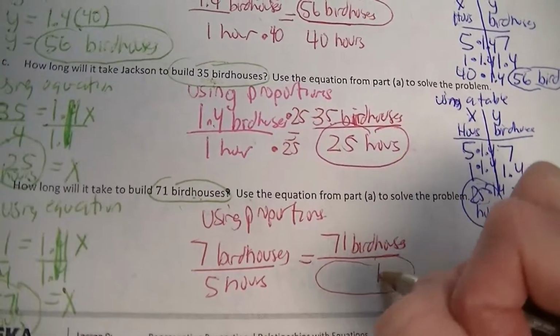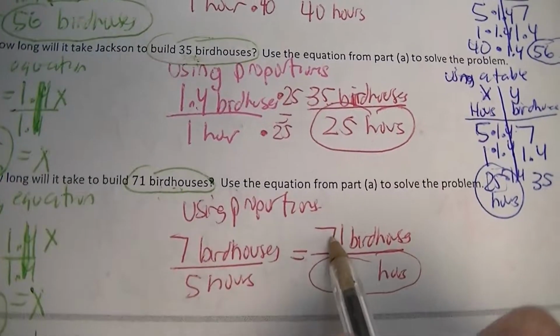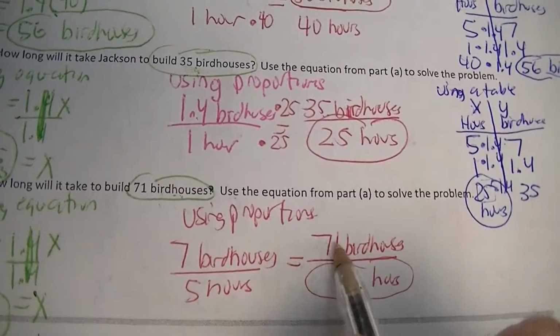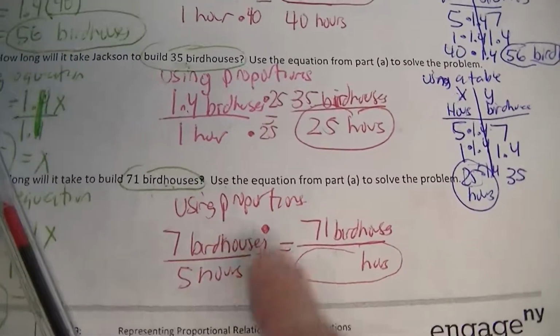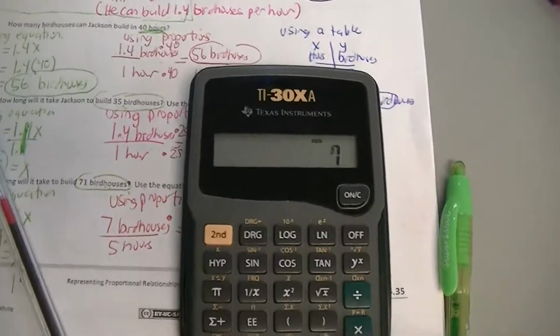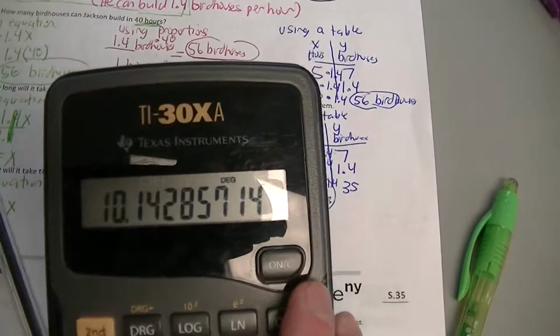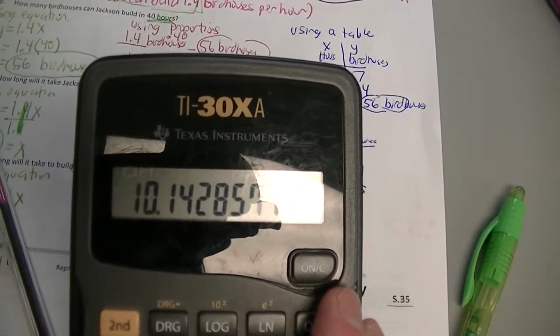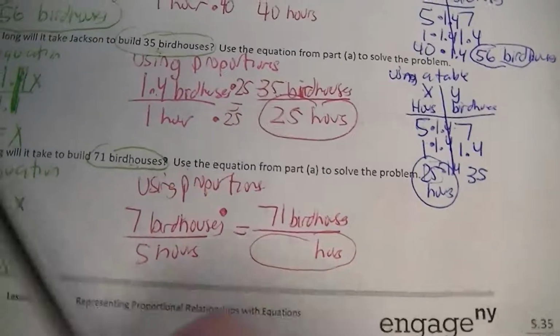It's something hours. So you got to figure out, gosh, how did we go from 7 to 71? Well, I'm going to go 71 divided by 7 to figure out what I had multiplied by, okay? 7 times what number is 71? Let's figure it out by going 71 divided by 7. Okay, and you see it's about, we'll round to the hundredth, 10.14, 10 and 14 hundredths.